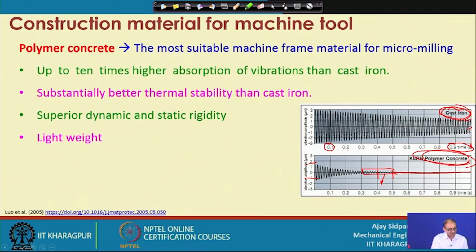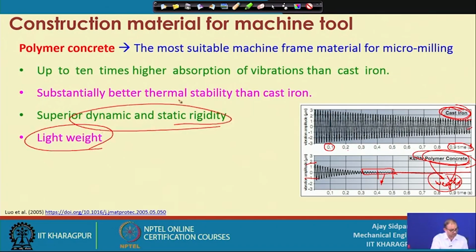Cast iron is actually a metallic component, so obviously its weight is very, very high. But here concrete is one of the components whose weight may be high, but you are using polymer also. So, depending on the proportion of the polymer and the concrete, that determines the total weight of the polymer concrete, correct. So, that is the lightweight, and superior dynamic and static rigidity is also important.